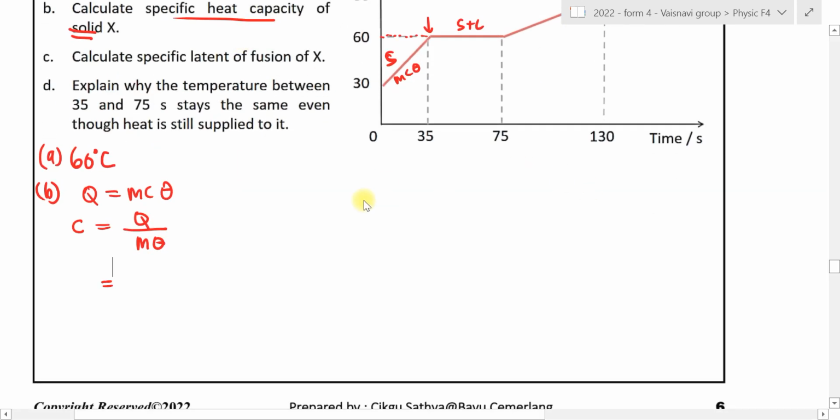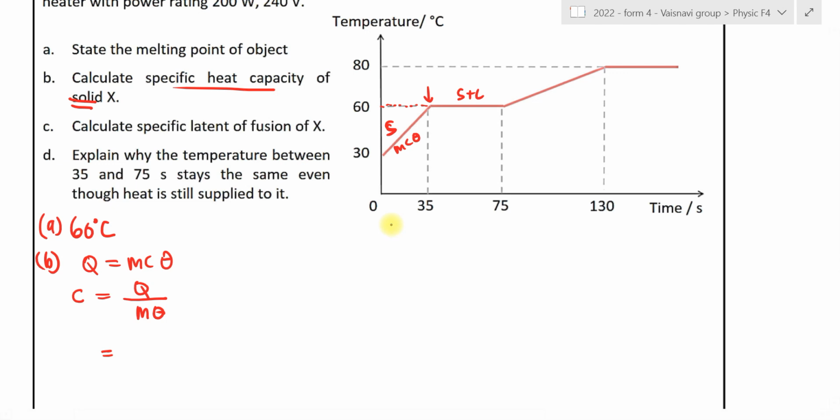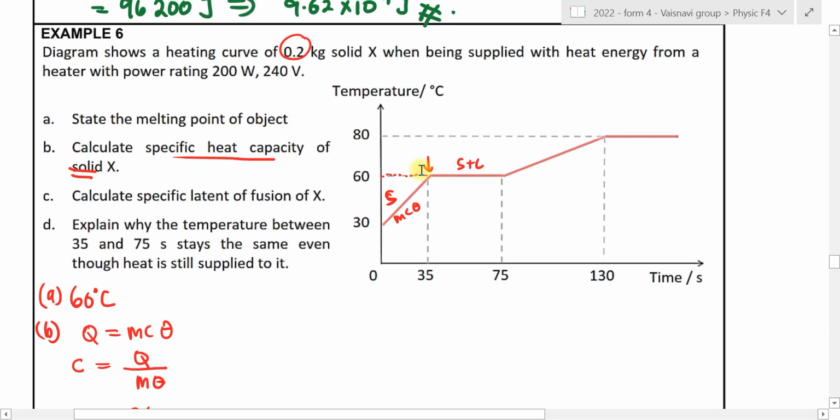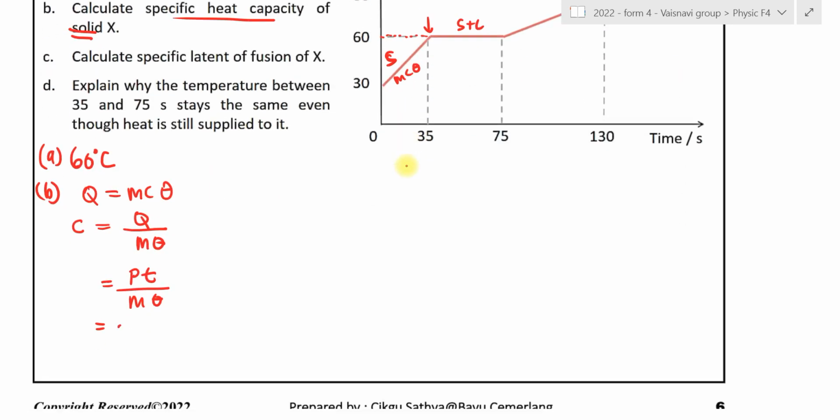So the Q is Pt lah. Kita boleh guna yang tu juga. Pt over mθ. So power is 200. It goes from 30 to 60. So 30 second. It is in the second axis.